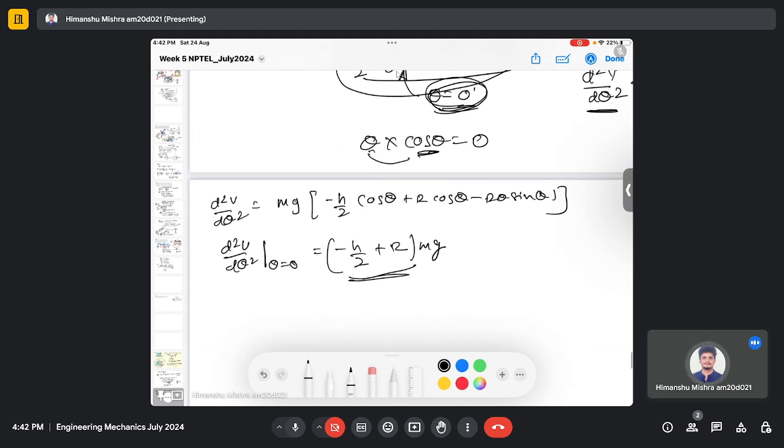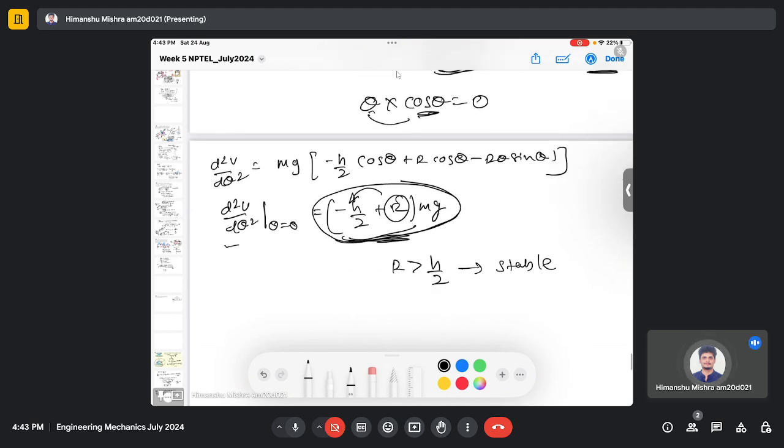So this system is stable when this is greater than this. When r is greater than h by 2, then this quantity will be positive. So a positive double derivative is equivalent to the stable condition. Similarly, the system is unstable when this negative quantity is greater, which means minus h by 2, or this h by 2 magnitude, should be greater than r.